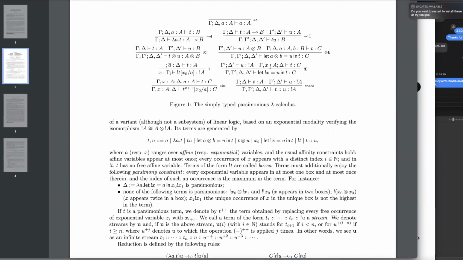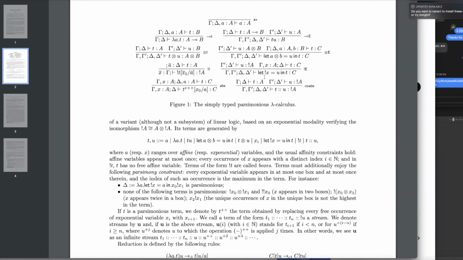All right, so gamma and X of type A and some delta is what we need in order to establish that T is of type C. So then together, we combine the gammas, we combine the deltas, and that allows us to form the term let X equal U in T. That's going to make sense, right? I've got a bang here, I've got a bang here. So let X equal U in T is going to be of type C, right?